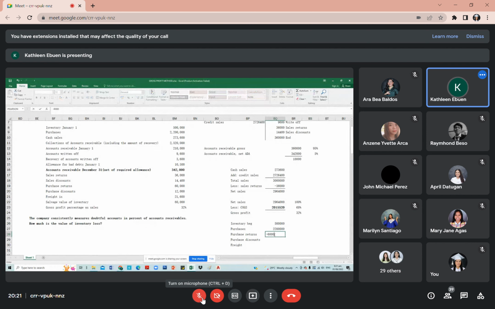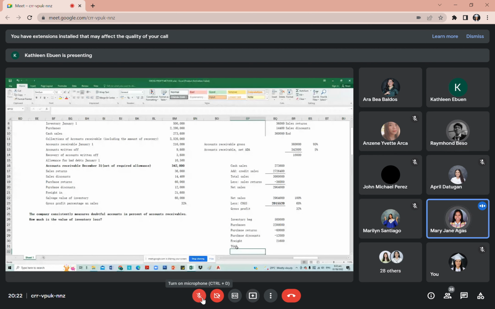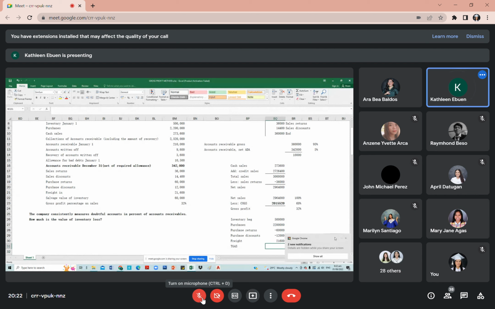Bawas natin si 60,000. And then si 12,000 din, ibabawas natin. Plus paid in, 21,600. Therefore, ang tigas natin, magkano? 2,649,600. So, yan si Tigas.